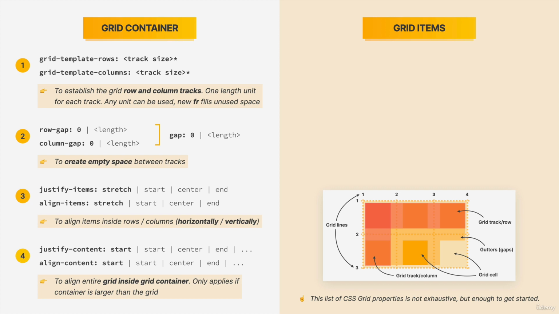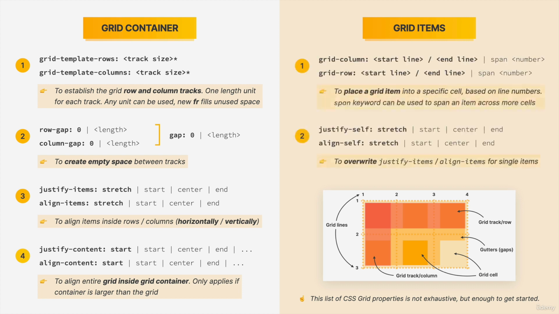All right. So anyway, now about the grid items, there are the grid-column and grid-row properties, which are very important to place grid items into a specific cell. Then finally, we have justify-self and align-self, which hopefully you can recognize from Flexbox.